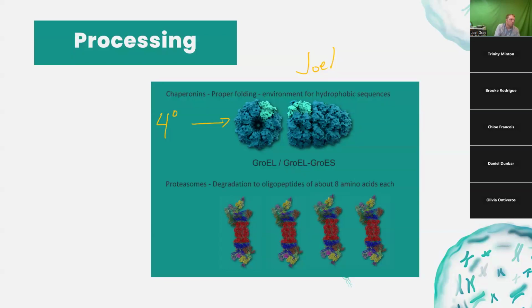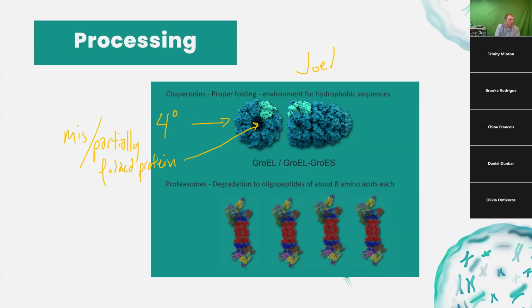Now, when a misfolded or partially folded protein is present, that partially or misfolded protein will go into the central cavity of this. And this GroEL-GroES complex gives a really unique environment for that protein to be refolded.